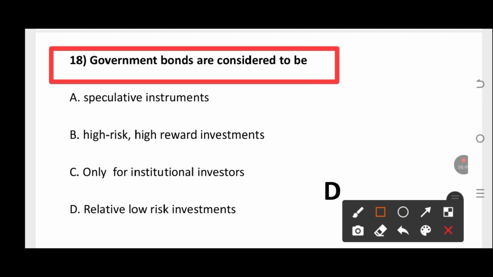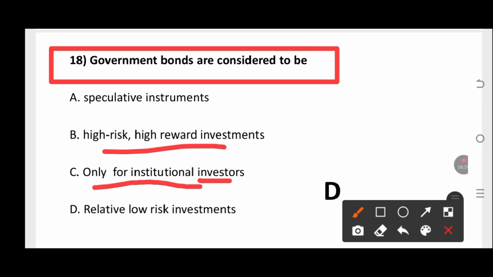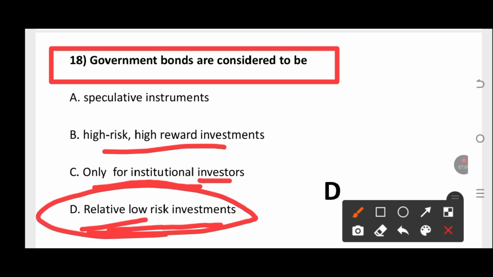They are considered to be: A, speculative instruments; B, high risk and high reward investments; C, only for institutional investors; D, relatively low risk investments. Government bonds are basically called relatively low risk investments. Okay, thank you. So D is the correct answer.